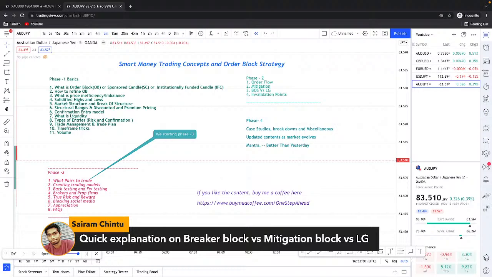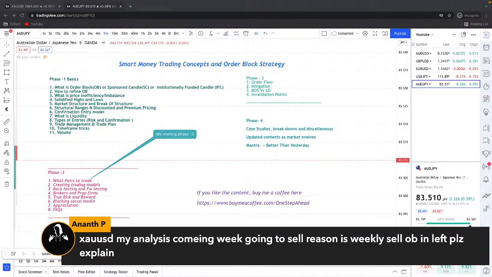All right, next question. Anand P says: gold, my analysis for the coming week is going to sell, the reason is a weekly sell OB on the left, please explain.